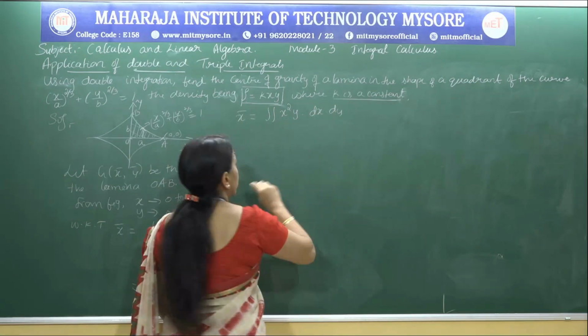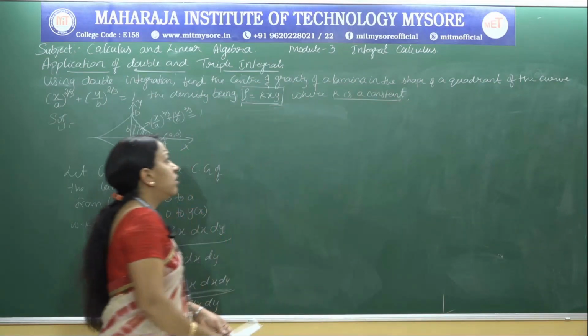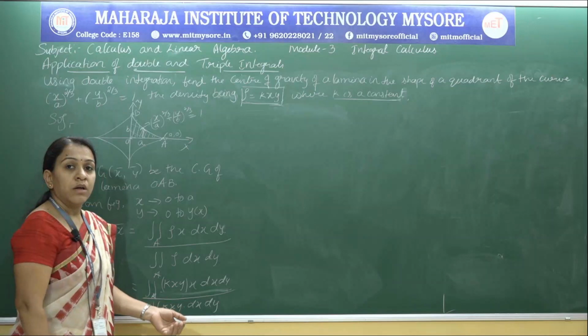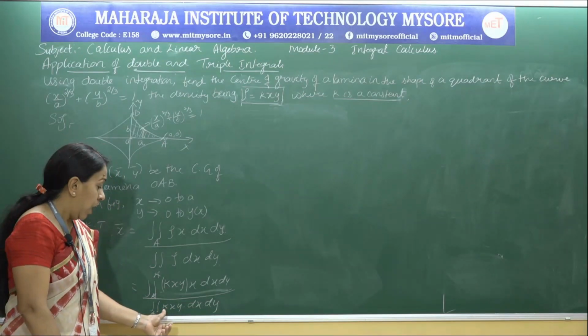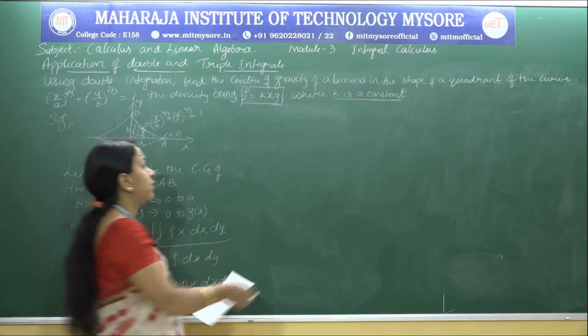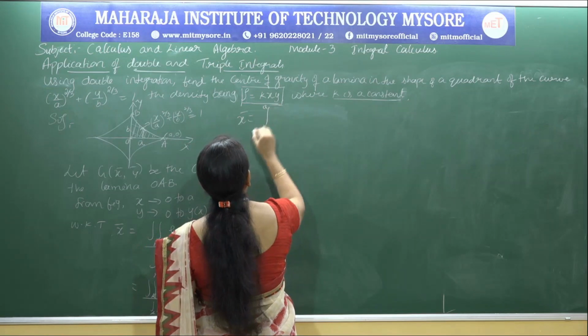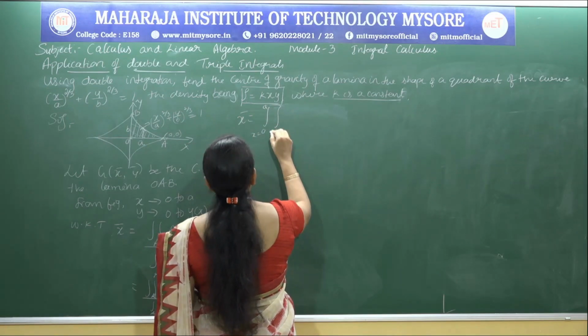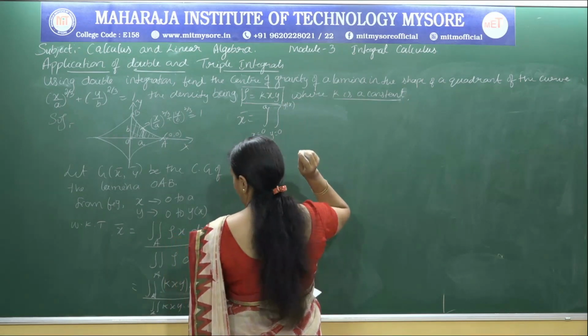So let me substitute the limits also. Now I can take out k common and cancel with k, and also substitute the limits of x and y, so that x bar is integral 0 to a, x varies from 0 to a, and y varies from 0 to y of x, and k gets cancelled.